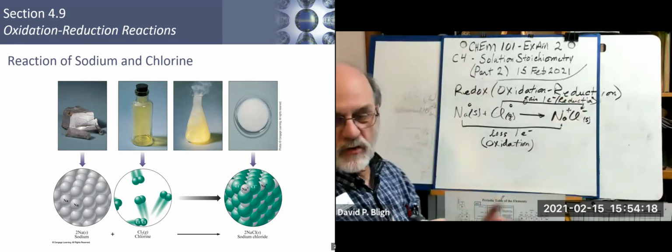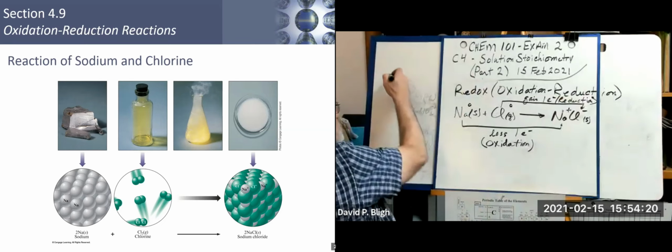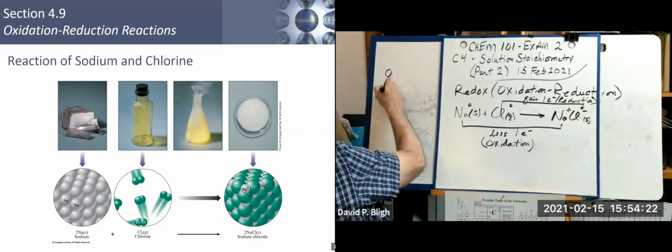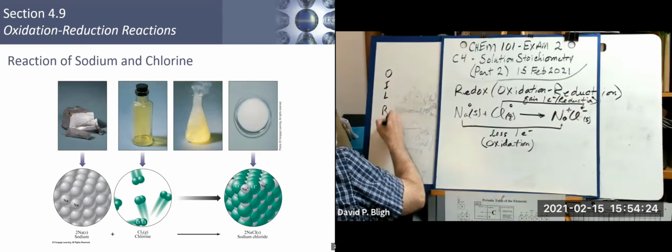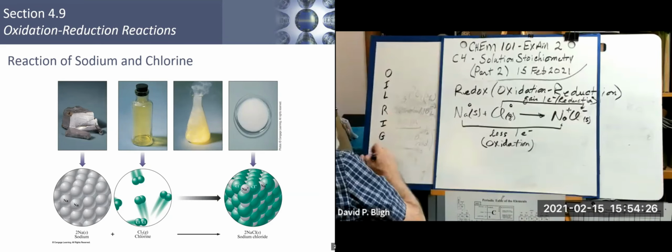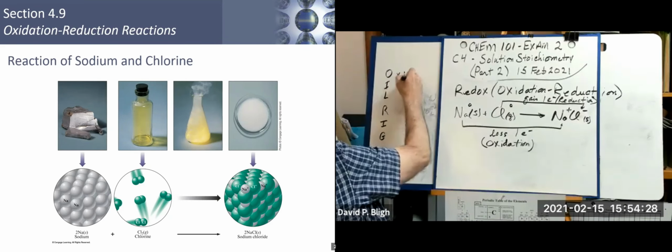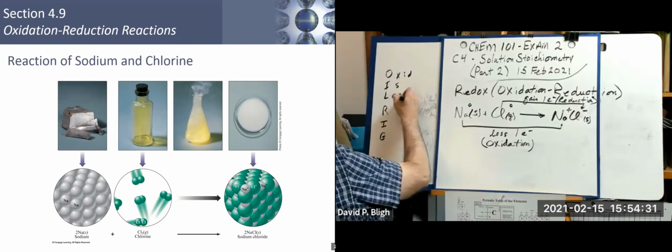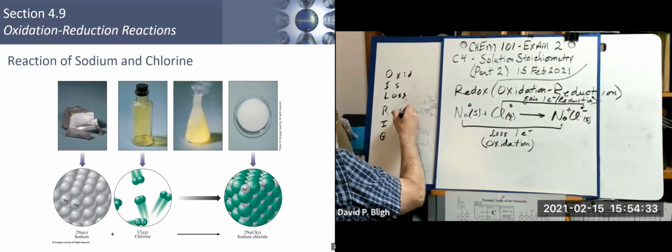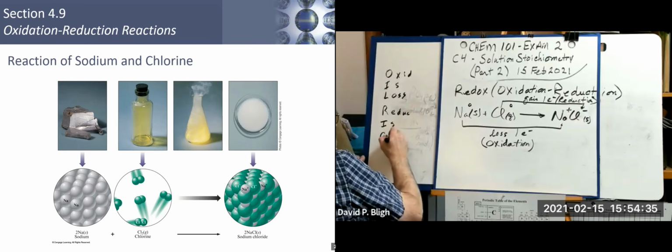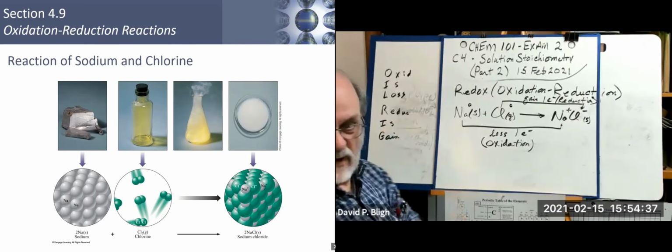Okay? How do you remember that? Oxidation is loss. Reduction is gain. Oil rig.